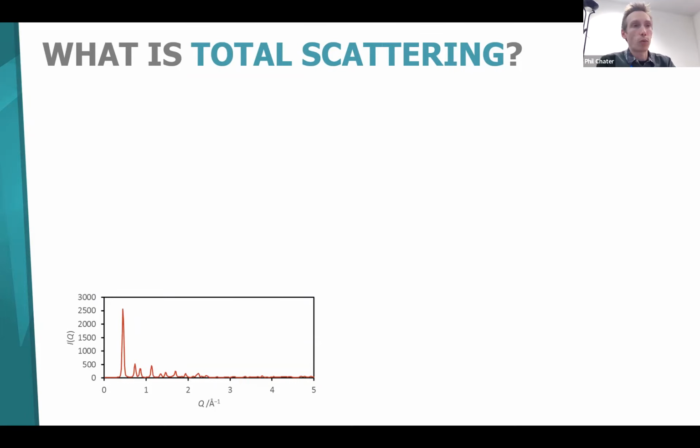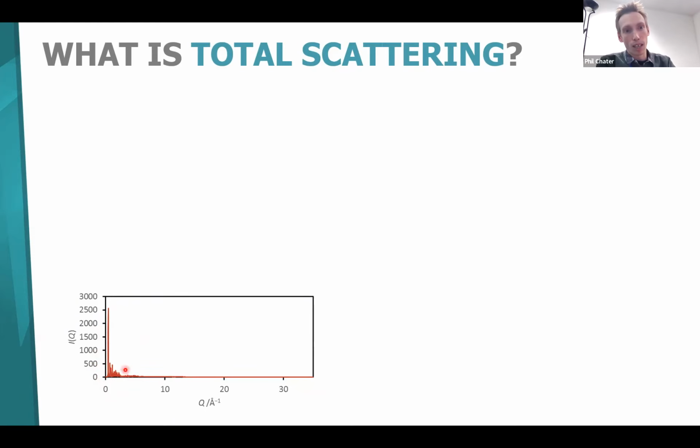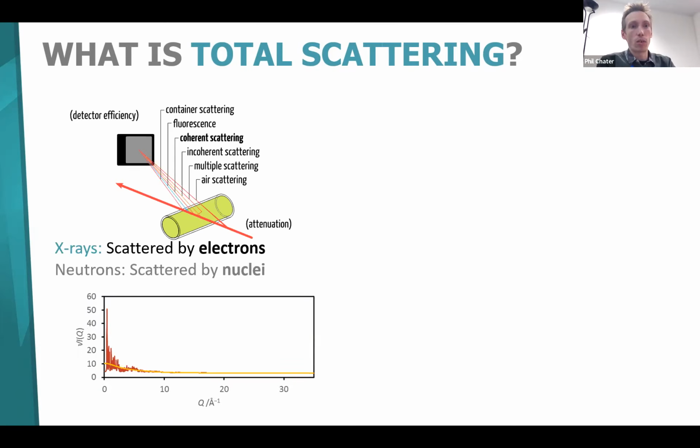When we're doing a total scattering experiment, we typically collect out to very, very high Q, where all of our typically Bragg analyzed data set is down here at really low Q. Then we have this other part that looks basically like a flat line in an X-ray data set out to high Q.